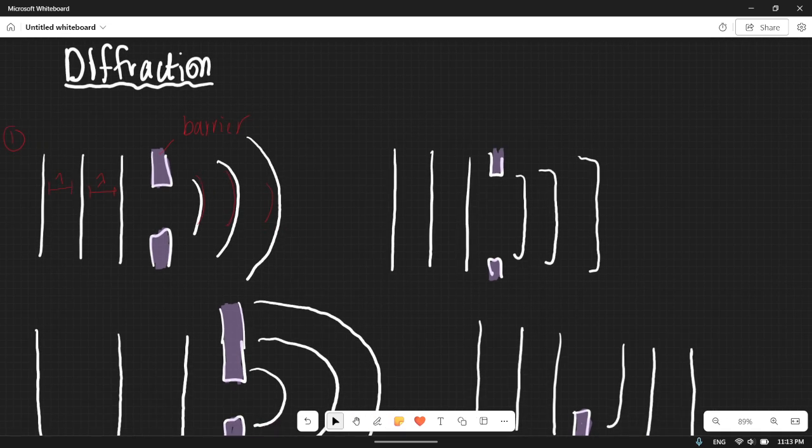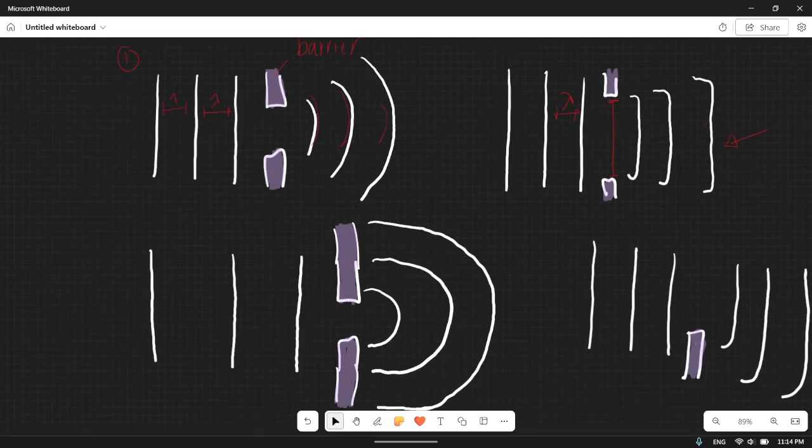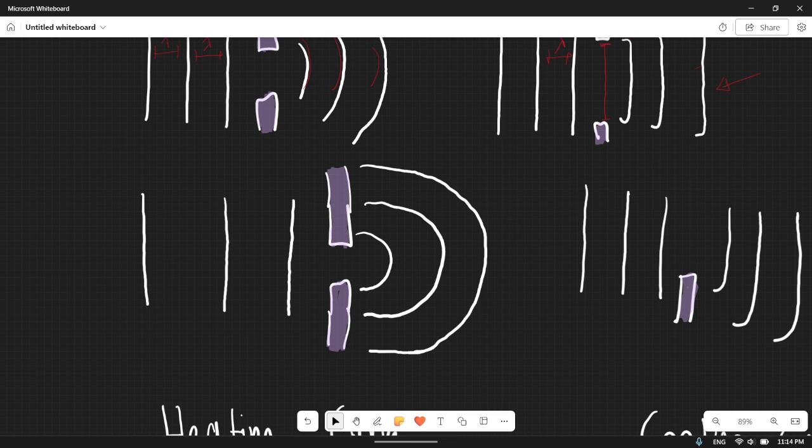But if the gap of the barrier is bigger than this wavelength, then they will diffract in this manner, okay? So you need to know how they will diffract depending on the wavelength and the gap. Then if the wavelength is bigger than the gap, they'll diffract like this.